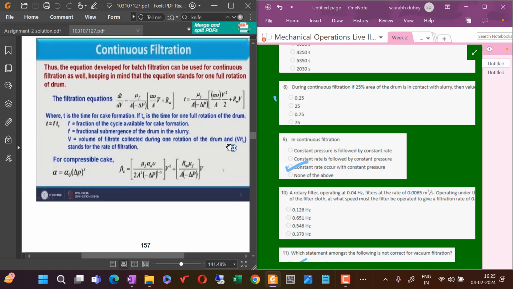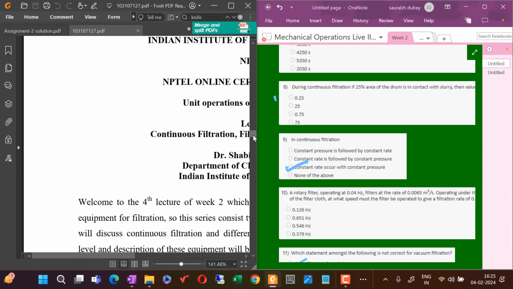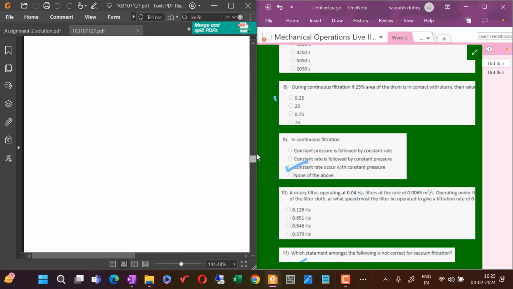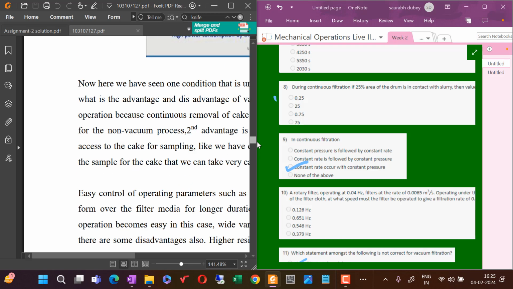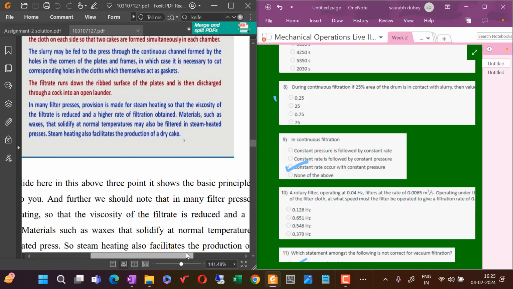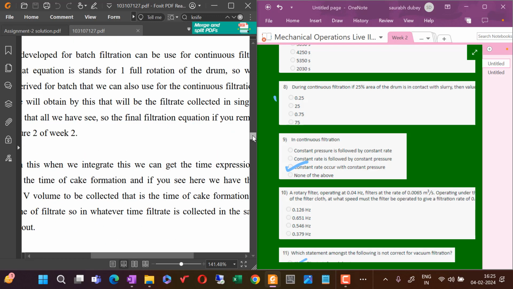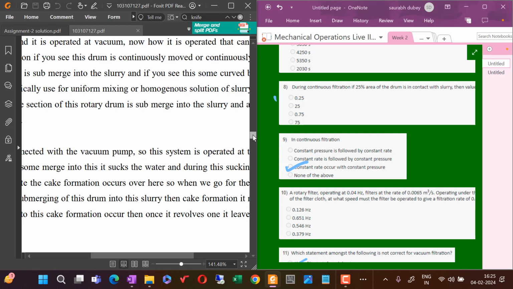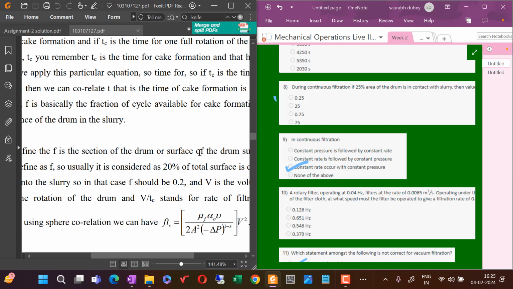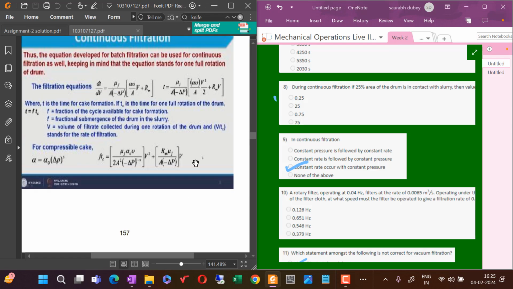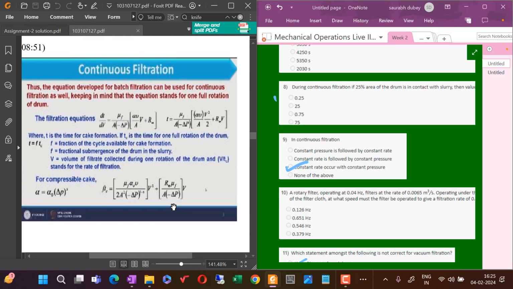Thus, the equation developed for the batch filtration can be used for the continuous filtration as well, keeping in mind that the equation stands for one full rotation.